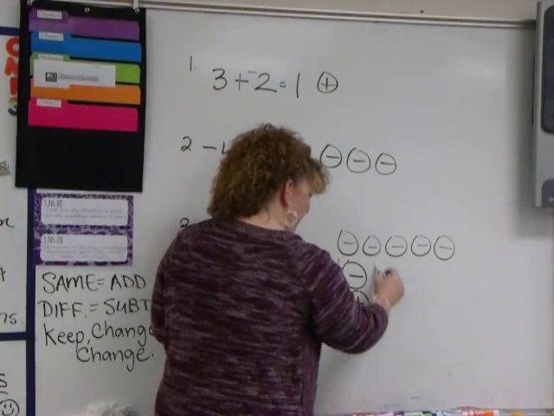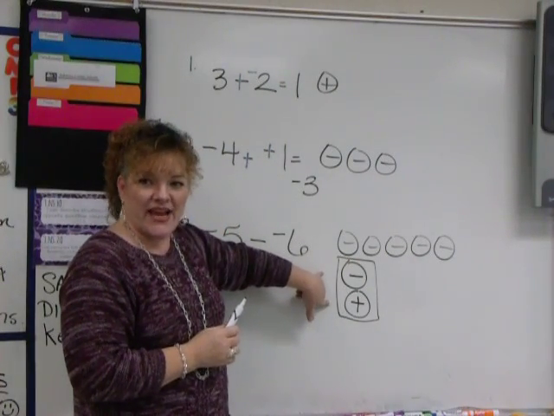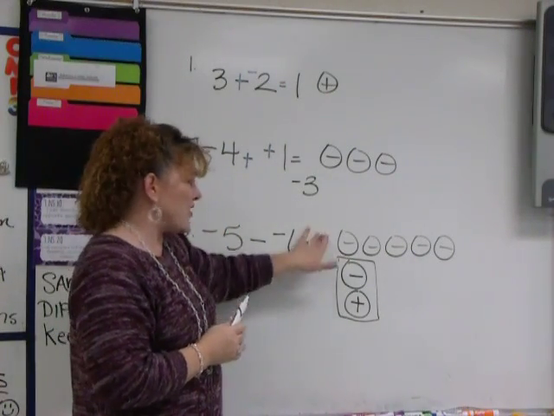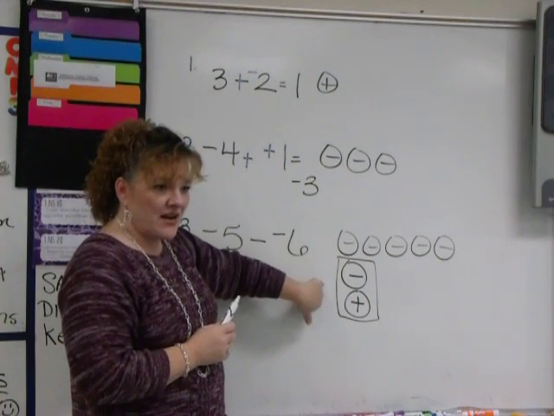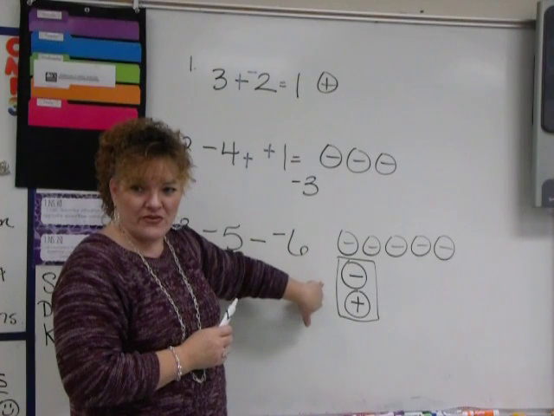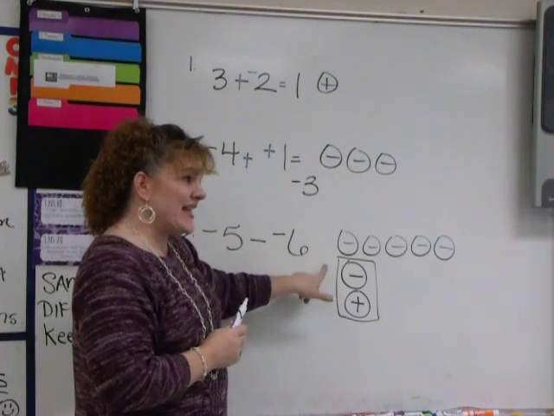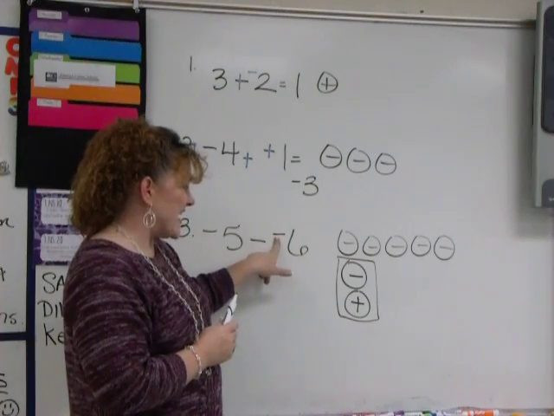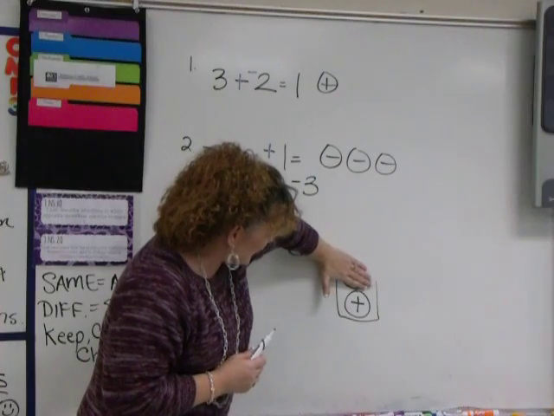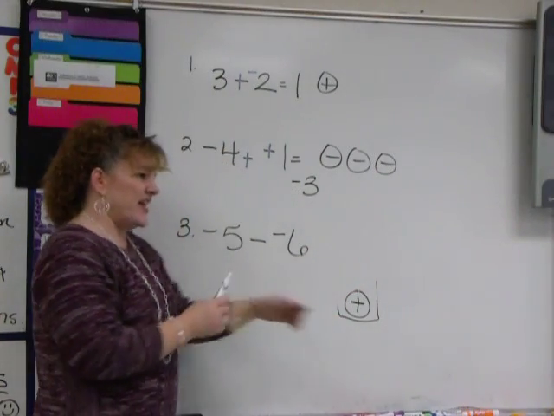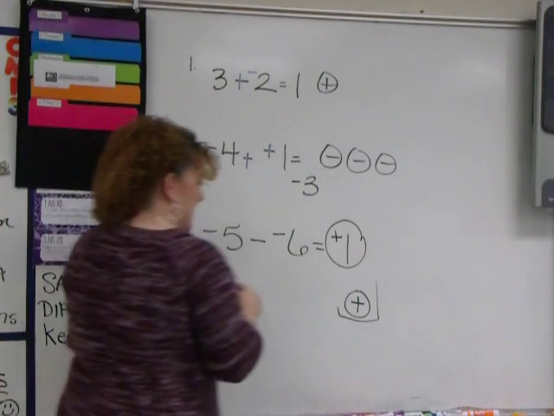Now I have added this, but it's 0, so it hasn't changed the value of what I started with. A 0 pair. So now I can remove 6 negatives. 1, 2, 3, 4, 5, 6. And what have I got left? 1 positive chip. So that's the answer.